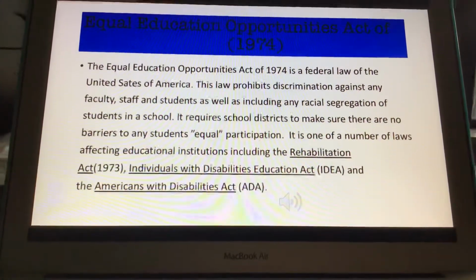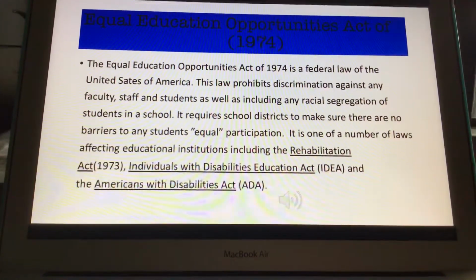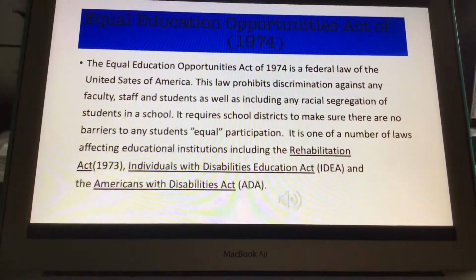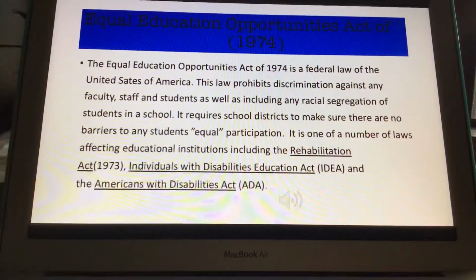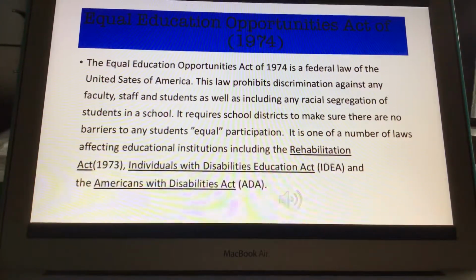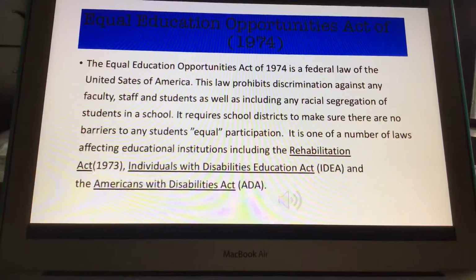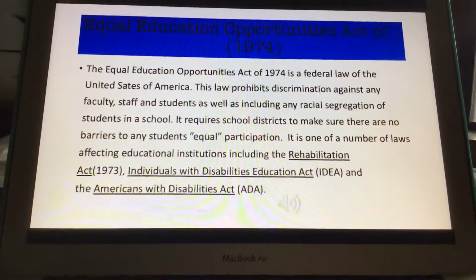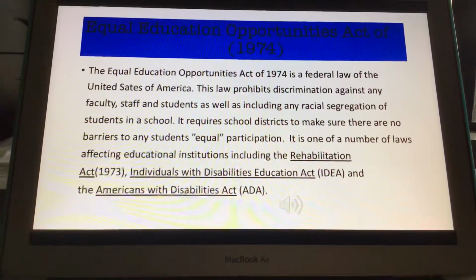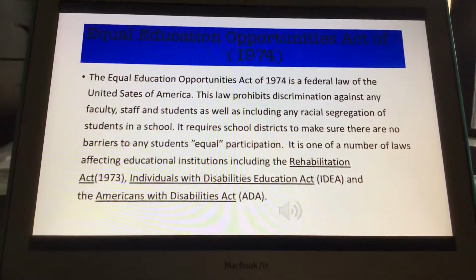It requires school districts to make sure there are no barriers to any student's equal participation. It is one of a number of laws affecting educational institutions, including the Rehabilitation Act of 1973, Individuals with Disabilities Education Act, IDEA, and the Americans with Disabilities Act, ADA.